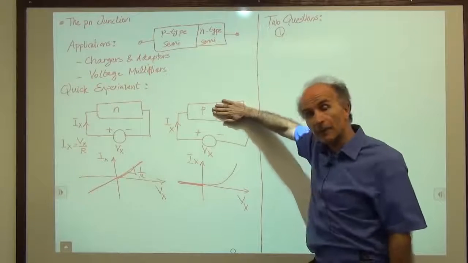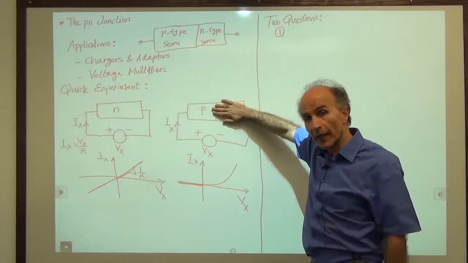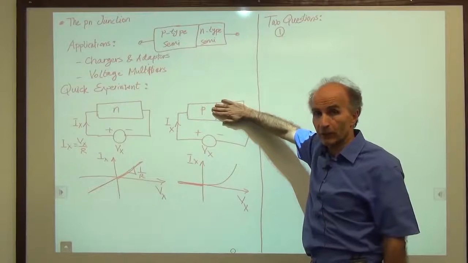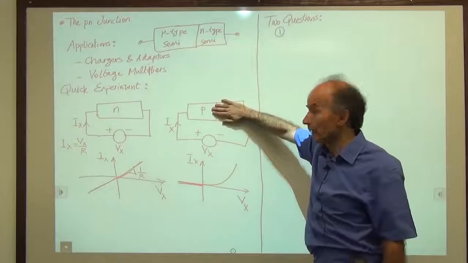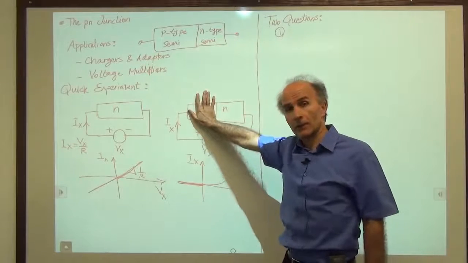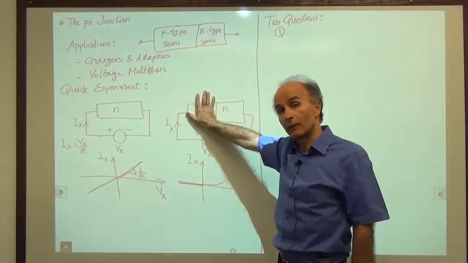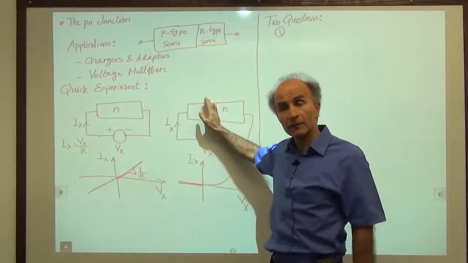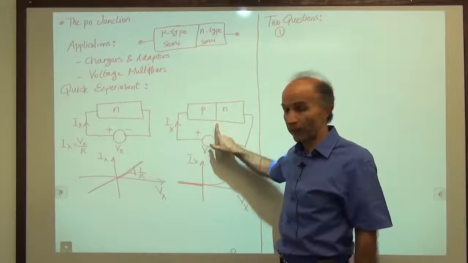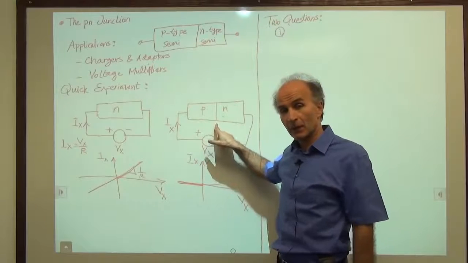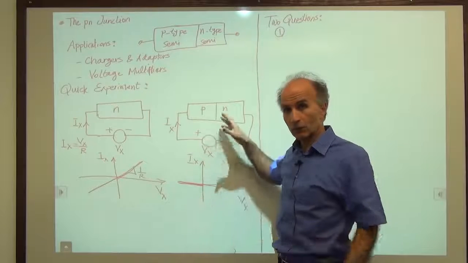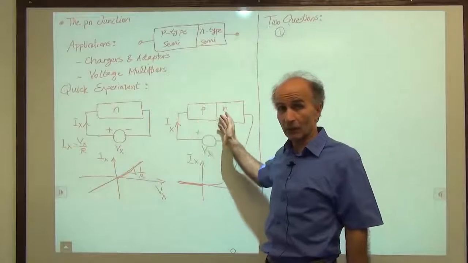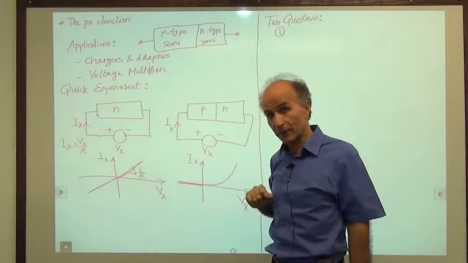When we have a p-type material, we have lots of holes, very few electrons. When we have an n-type material, we have lots of electrons, very few holes. So what happens when we attach them together? And right at this interface, what exactly happens? Do they fight each other? They don't agree with each other. So what exactly happens, right?